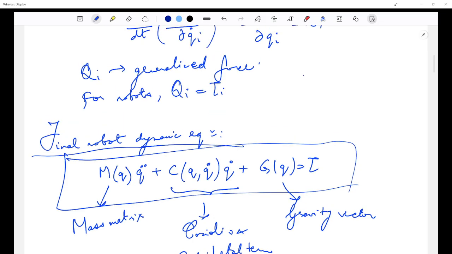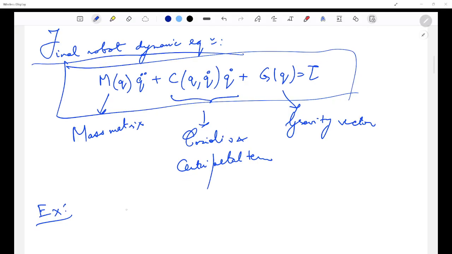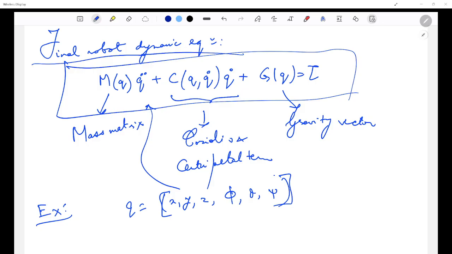What is Q double dot? So, you have states of your robot. These states of the robot can be X, Y, Z, phi, theta, psi, etc. So this Q double dot is basically the double dot of this vector.